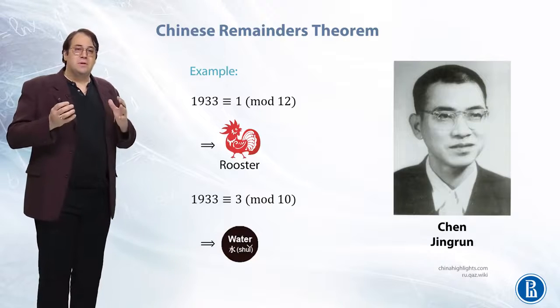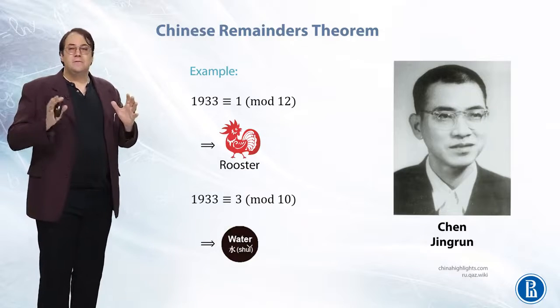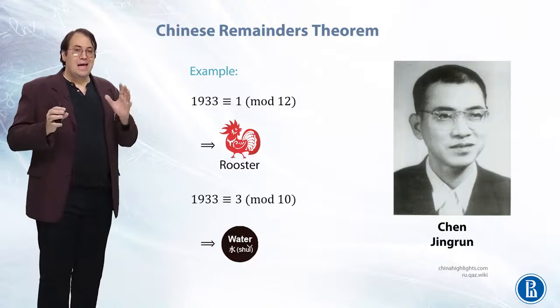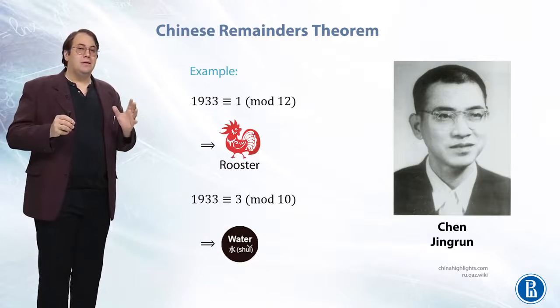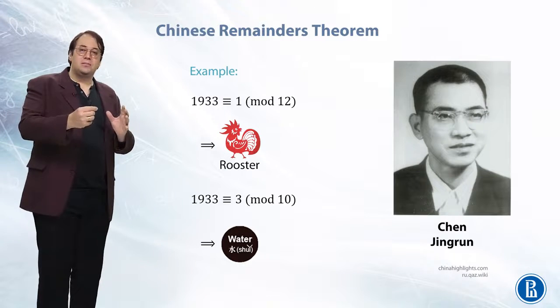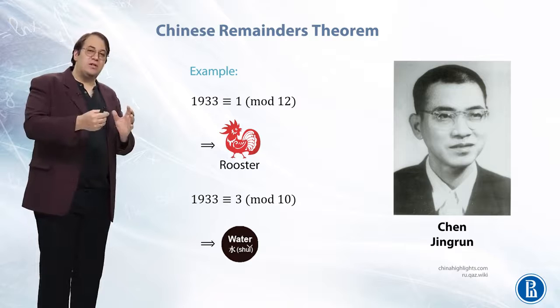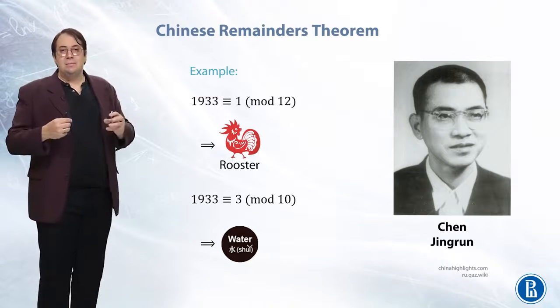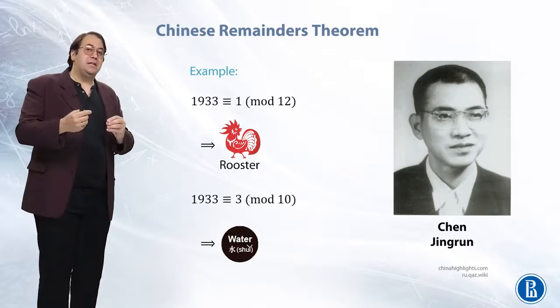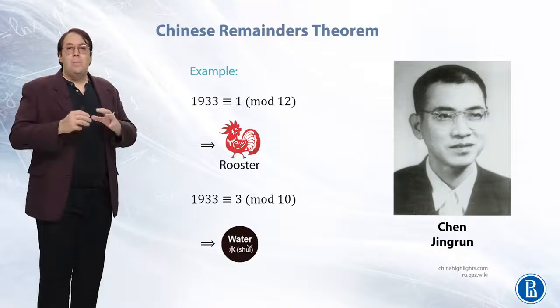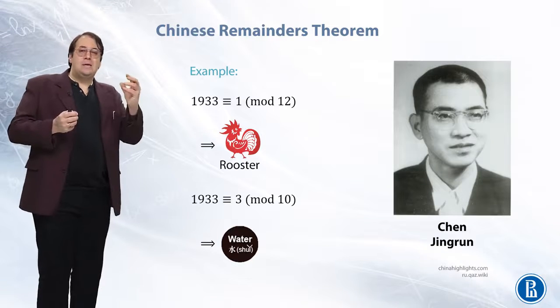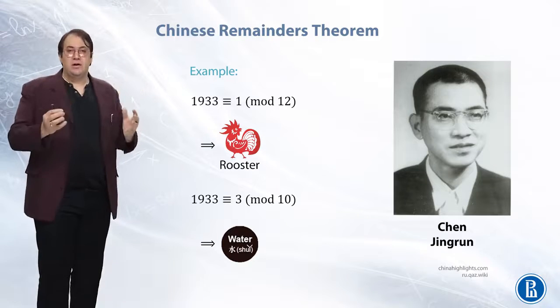So we have 12 animals and 5 elements. Each animal repeats every 12 years. Each element repeats in 10 years. How many combinations of animals and elements are there?